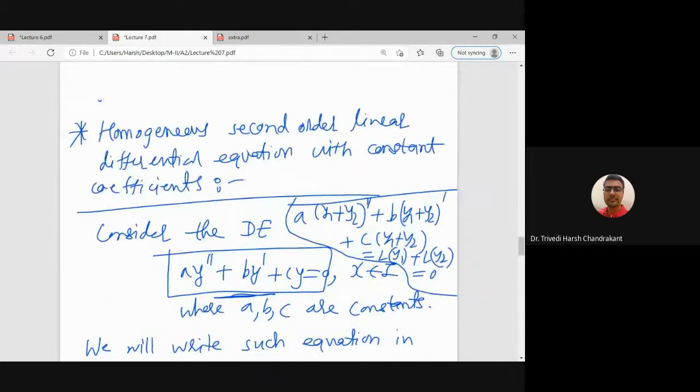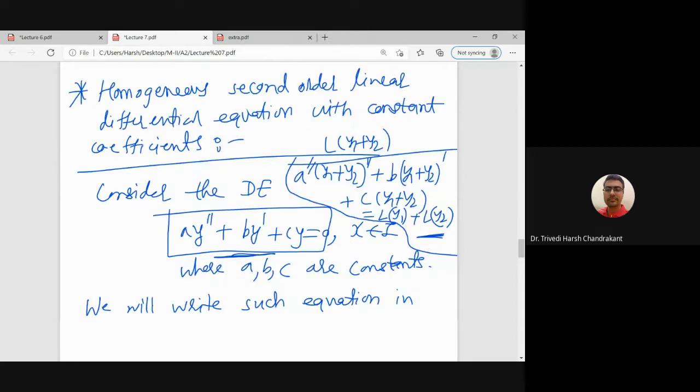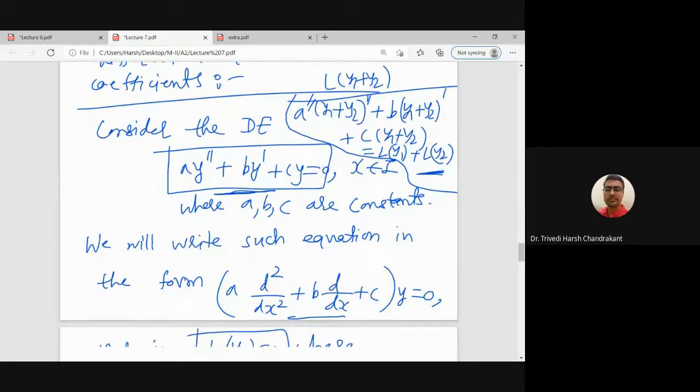So that is what we use here without equating to 0. More or less, this computation says that L is linear. Right? The left hand side is essentially L of y1 plus y2. Okay. So essentially here we are using that the derivative is a linear function.